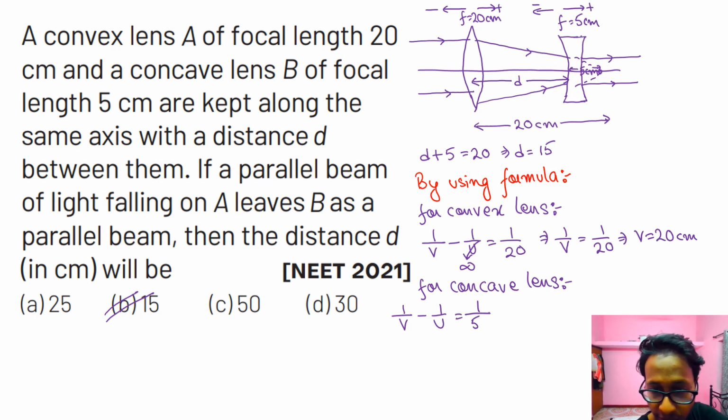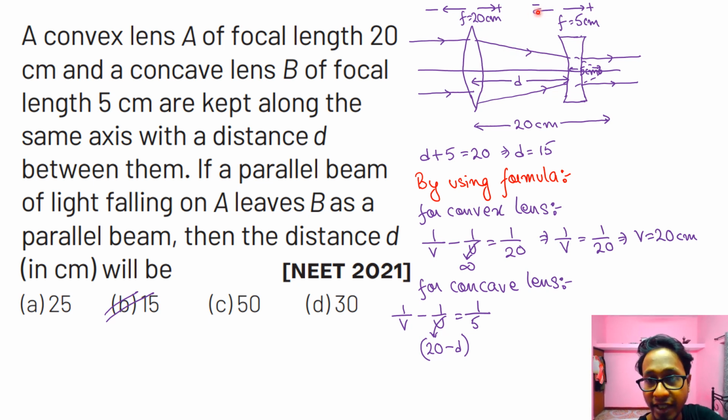So u now is 20 minus d. Now one more thing. This incident ray was coming from the negative side, no? So can I say the object was kept at the negative side? If the object was kept at the negative side, can I say minus of 20 minus d? Because the object is on the negative side of the concave lens.